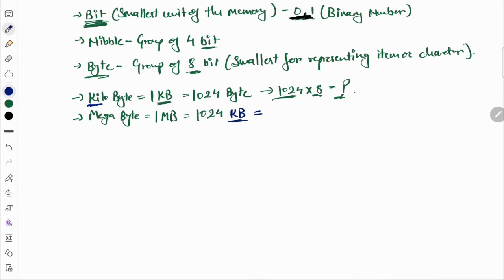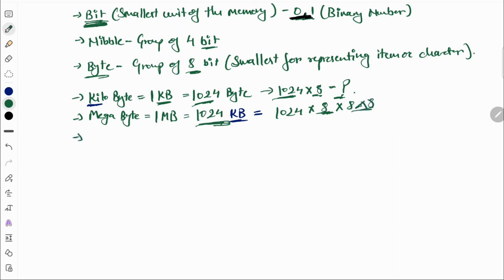If we want to convert into bytes, it is 1024 into 8 into 8. In 1024 kilobytes, 1024 bytes are available. So 1024 into 8 into 8 into 8.